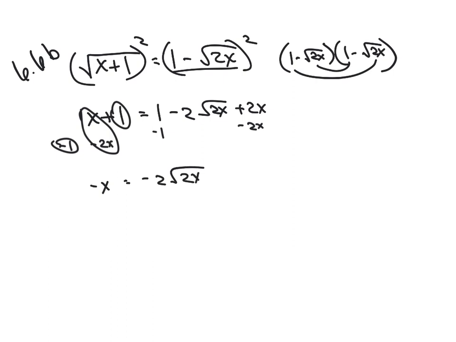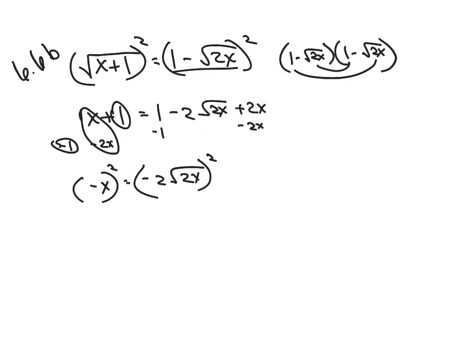All right, so we have a couple of different options here. We could divide both sides by negative 2 and then square both sides. Or we could square both sides at this point. Because we don't have anything added or subtracted to this radical, we can square this side and square this side.